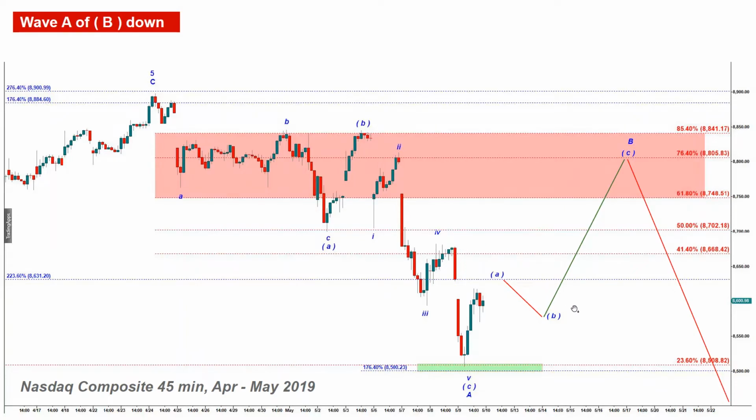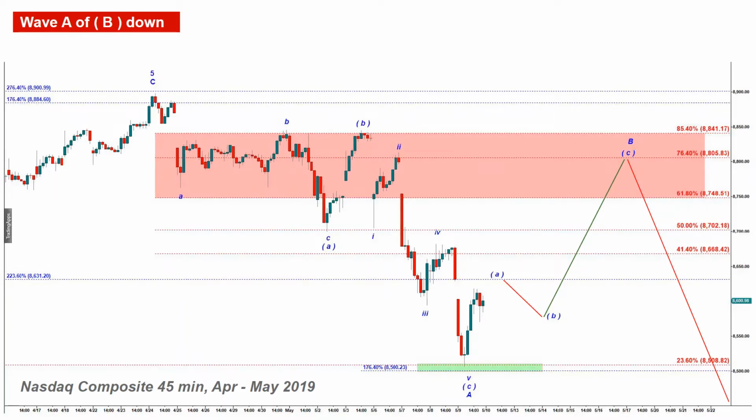What we know actually is that wave C of B has to be subdivided as an impulsive wave. So we will be counting microwaves on the way up. But my point is that first we completed that move down in wave A, and now we need a relatively big pullback up in wave B up before we can get another drop.